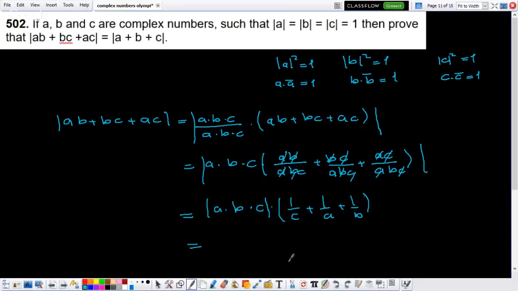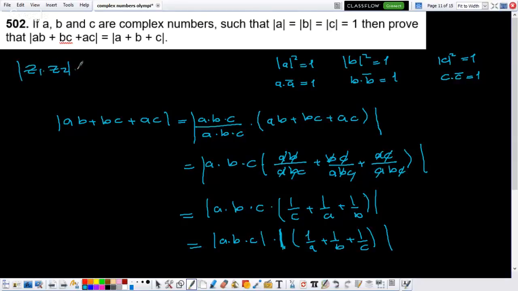Now I'm separating the module of A times B times C times the module, in parentheses, of 1 over A plus 1 over B plus 1 over C. I separate the modules here. In multiplication, it is possible, which means that the module of Z1 times Z2 is equal to the module of Z1 times the module of Z2. Okay, then this is going to be equal to here. I'm going to continue downward.